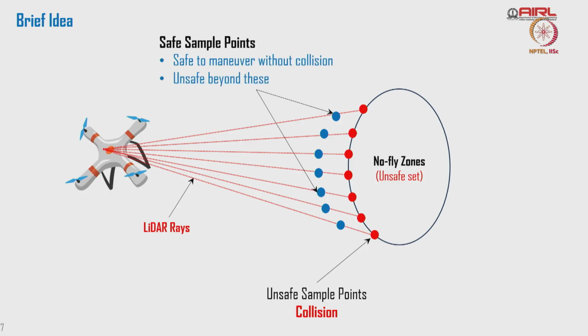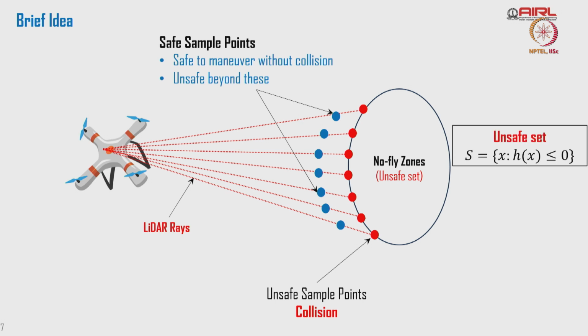So these blue points are safe sample points, where it is safe to maneuver without collision. Maneuver means it should turn, it should change its direction of motion, and beyond this point the drone becomes unsafe because it enters the unsafe region, right?